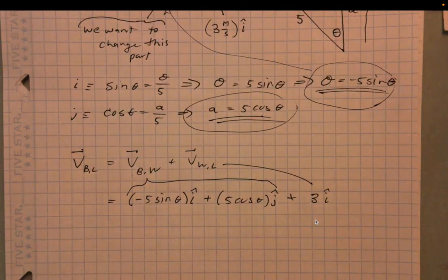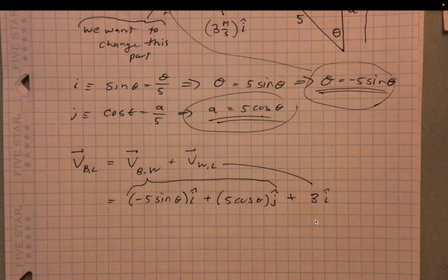Okay, so that's the equation. So if I want the velocity of the boat relative to the land, I can use this expression, which if we set theta equal to 0, then this is what we would get, right? We would just have 5j plus 3i, right? But we want to be able to vary theta.